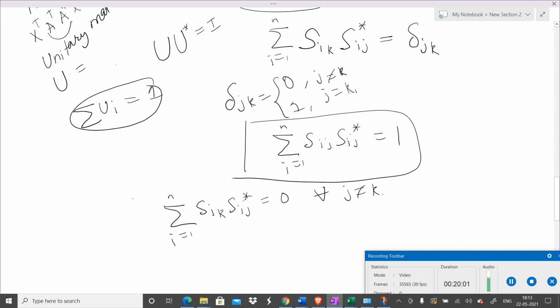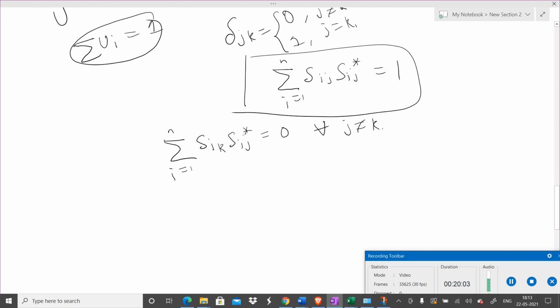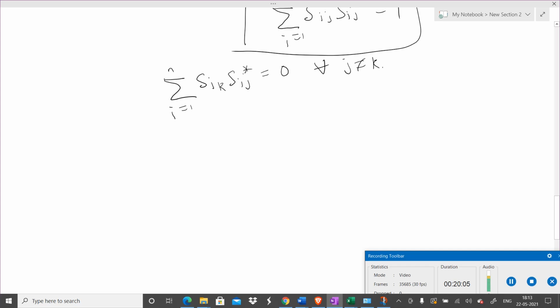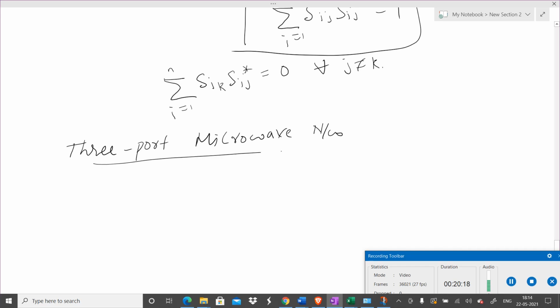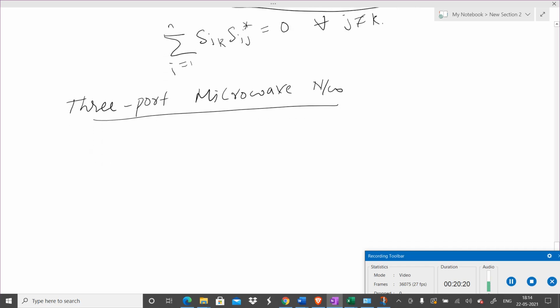Okay, now let's apply this property to a 3-port network. That way it will become a little bit easier. Suppose you consider a 3-port microwave network or a hybrid circuit. So what will be the S matrix?